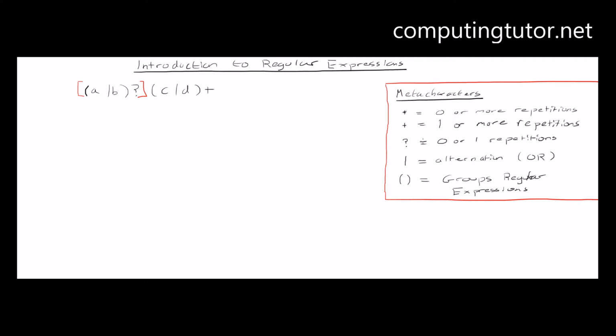So we've got our question mark here. It means we can have 0 or 1 repetitions of A or B in our string for the string to be valid.